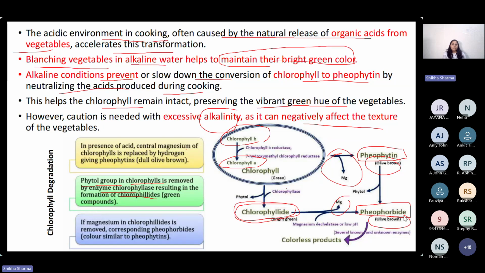Further reactions will make the vegetables colorless if it's at the extreme. So if possible, we can stabilize the color of the vegetable by this compound. But if it undergoes this reaction, then we cannot stop the color change and the color will degrade.